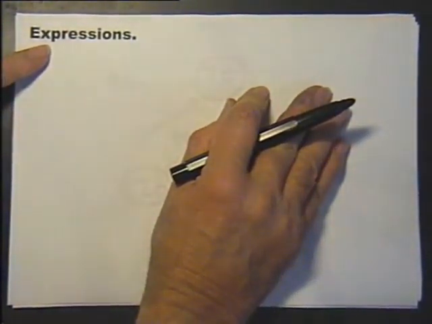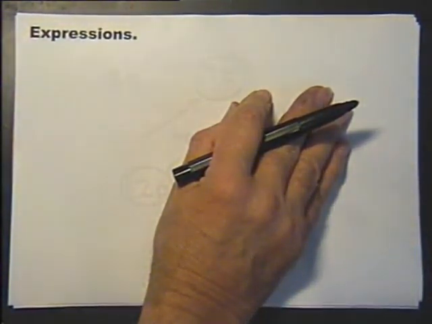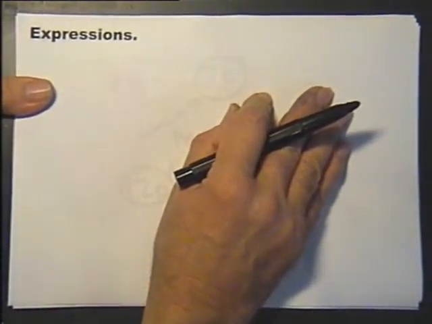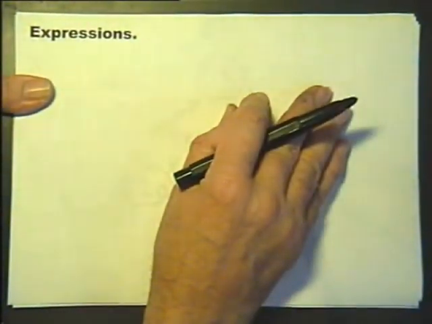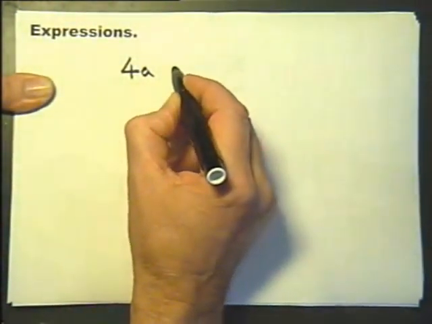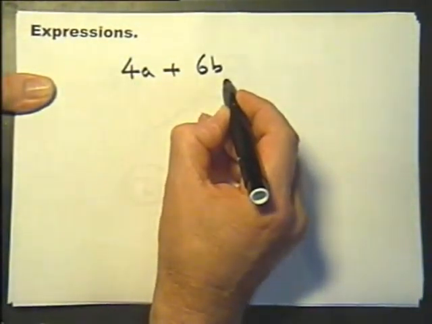I've been using this word before, expressions, but let's just make sure we're really happy with what is an expression. An expression is a collection of terms and or variables. A collection of, so that is a term, that is another term, but together it is an expression.